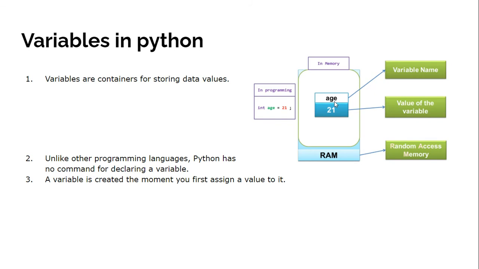Then we will say that age is storing the value of 21. The variable name is age, and the value of the variable is 21. This value is basically stored inside random access memory.